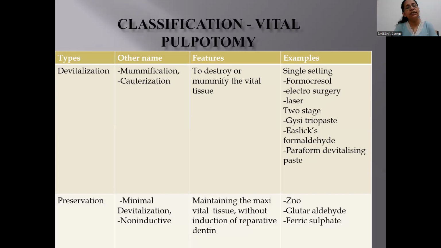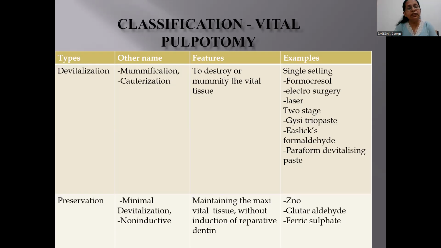The first one is the devitalization technique, where the pulp undergoes devitalization or fixation, and examples of medicaments used in this group are formocresol, then laser pulpotomy and electrosurgical pulpotomy.